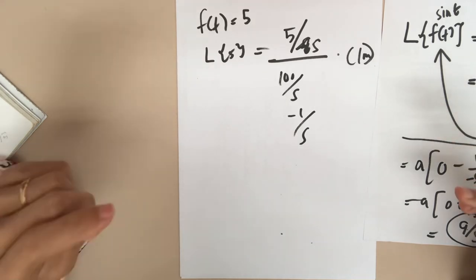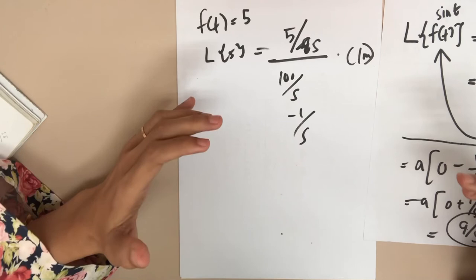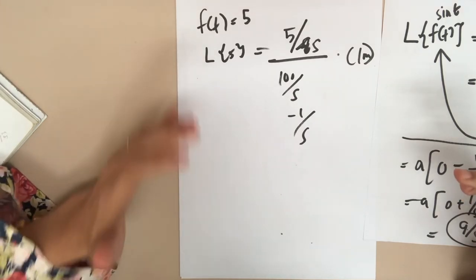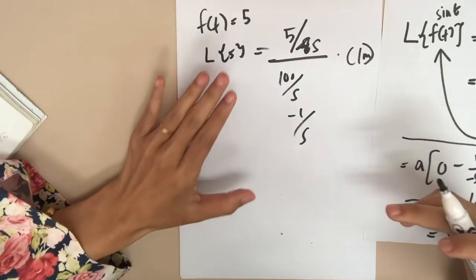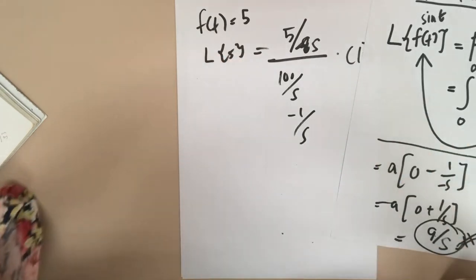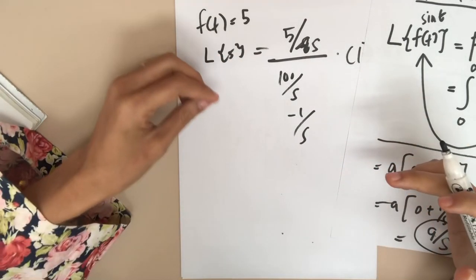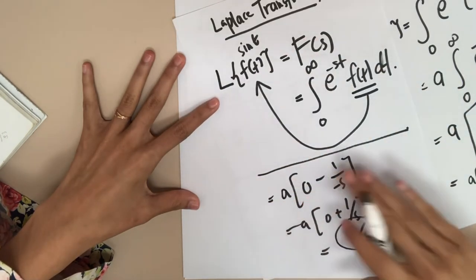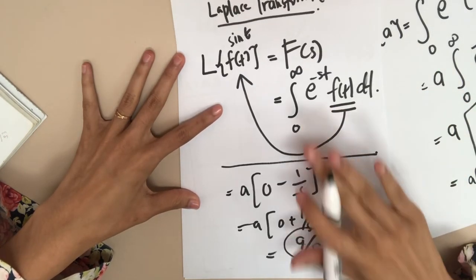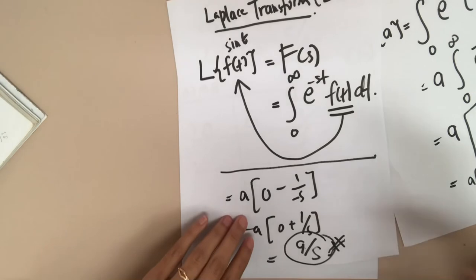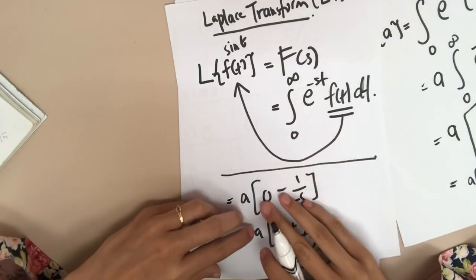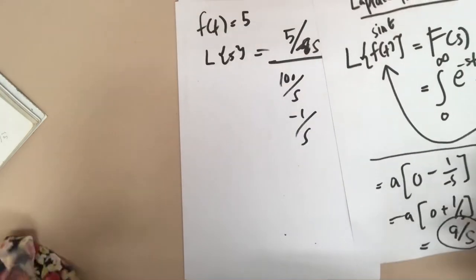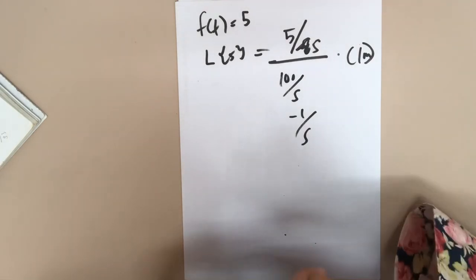Not just easier, you will use the table to get the answer anyway. But as a starting point, because we just entered this topic, you should know how to get it by using the definition. So in the next video, I will show you the table first, then we will use the table to answer the Laplace transform.